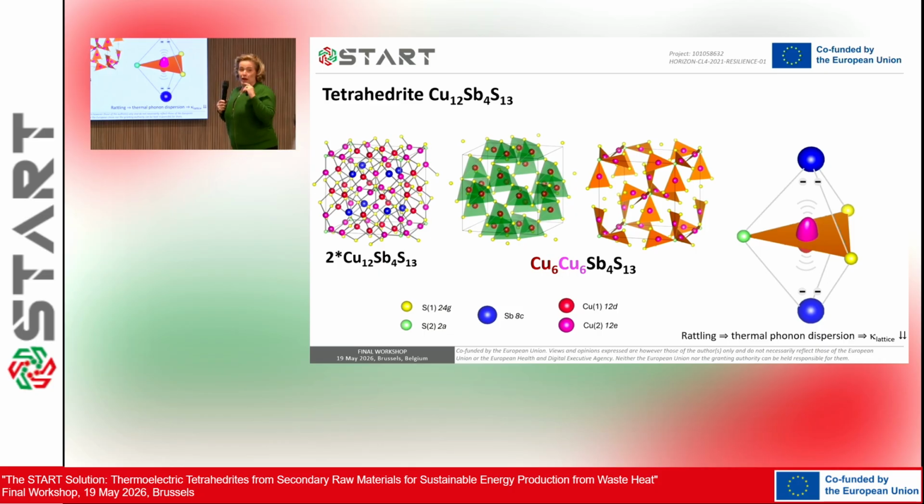This means that if you have grain boundaries, porosity, nanoprecipitates, none of it is good for tetrahedrites. Because everything happens at atomic scale, so all the microstructural heterogeneities are bad for the thermoelectric properties. So we want to replace this.